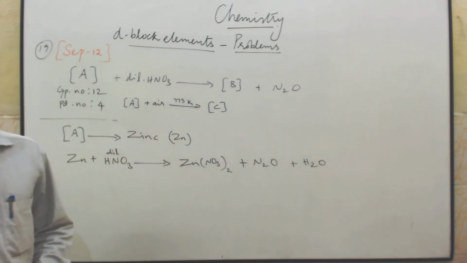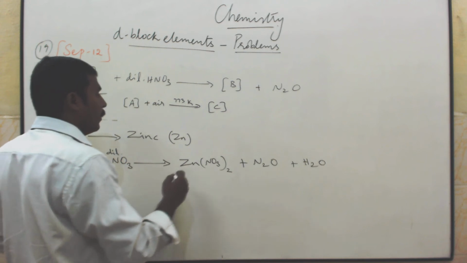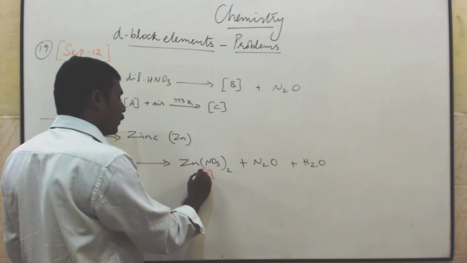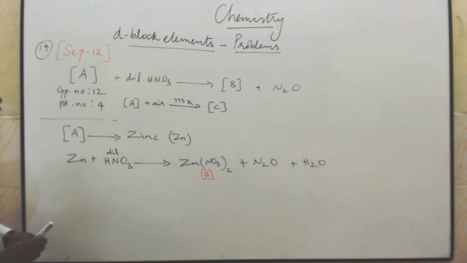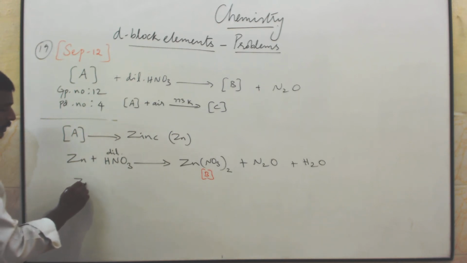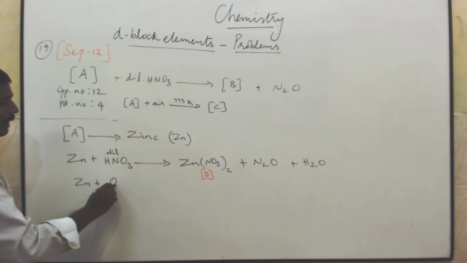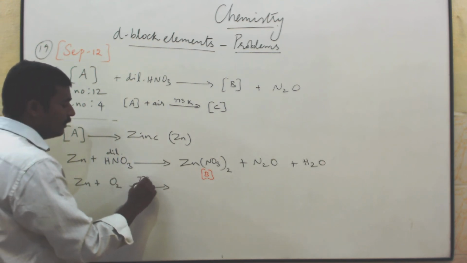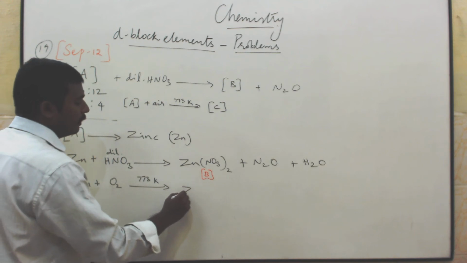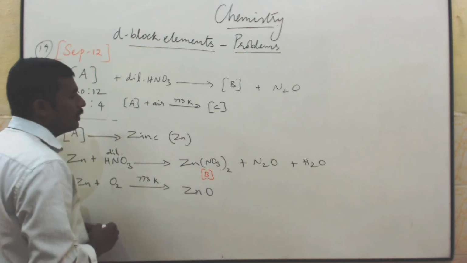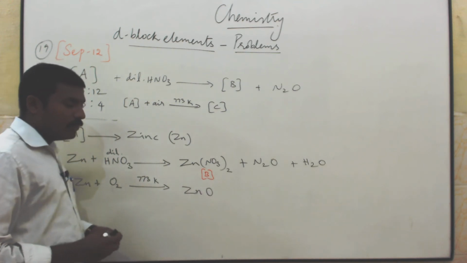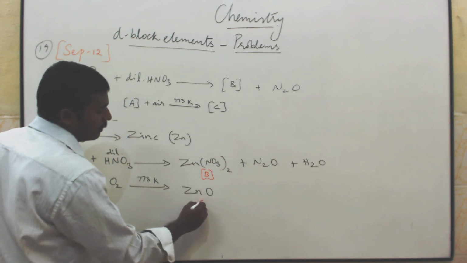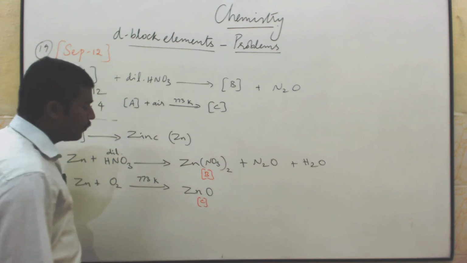So zinc nitrate is compound B. Then zinc reacts with air at 773 Kelvin. It gives zinc oxide, which is also known as philosopher's wool, which is called compound C.